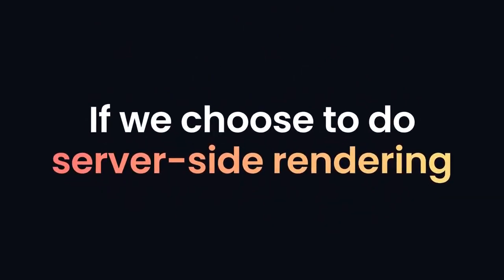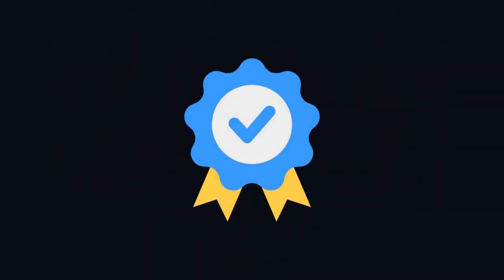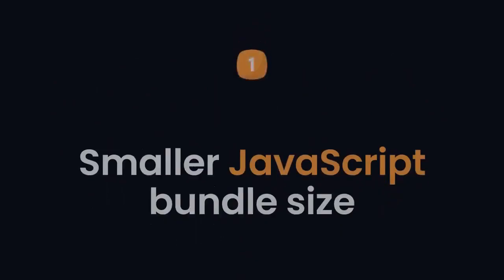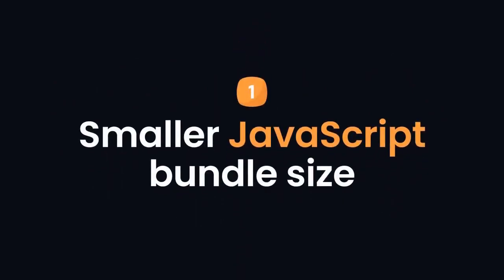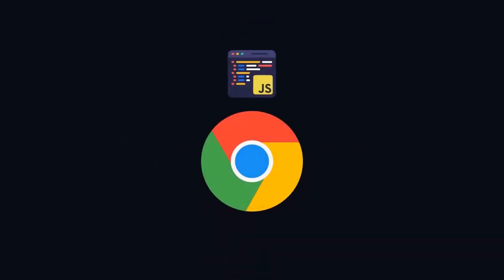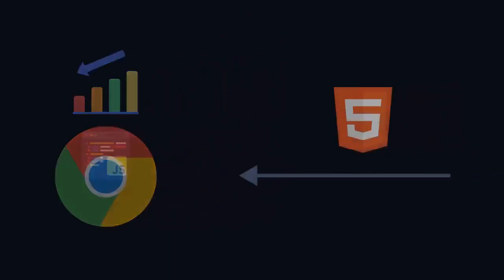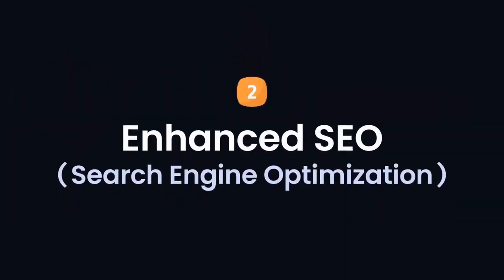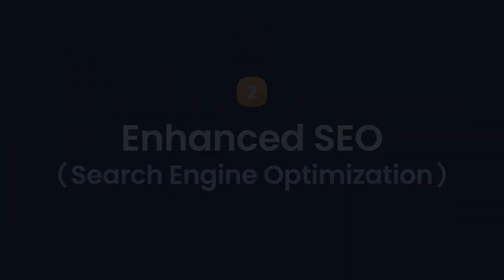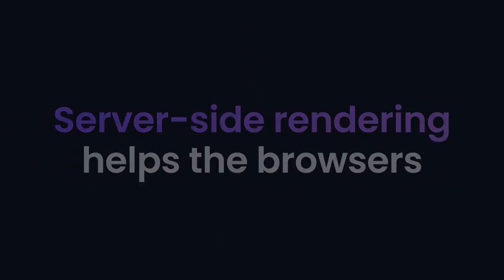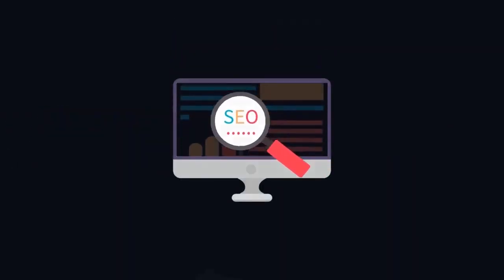So, if we choose to do server-side rendering, we have many different benefits. The first one is smaller JavaScript bundle size. The size of the JavaScript code that needs to be downloaded by the browser is significantly reduced because we're just returning HTML. Enhanced SEO, search engine optimization. Server-side rendering helps the browsers improve search engine visibility and the indexing of your website's content.